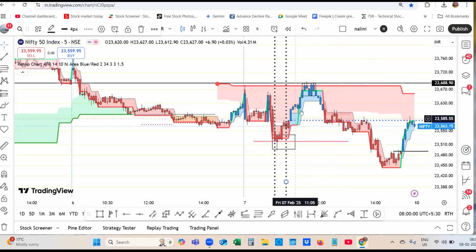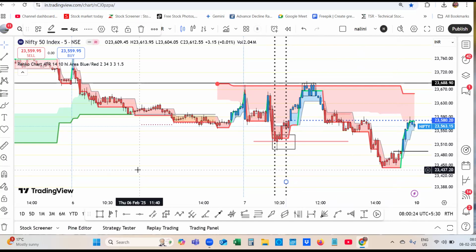People enter the call option, get caught, and suffer huge losses. If you become experienced, you can scalp this, or you can comfortably enter this trend direction trade with the help of the Renko charts. So there will be a lot of clarity. This is a beautiful Renko chart created by Lonesome.